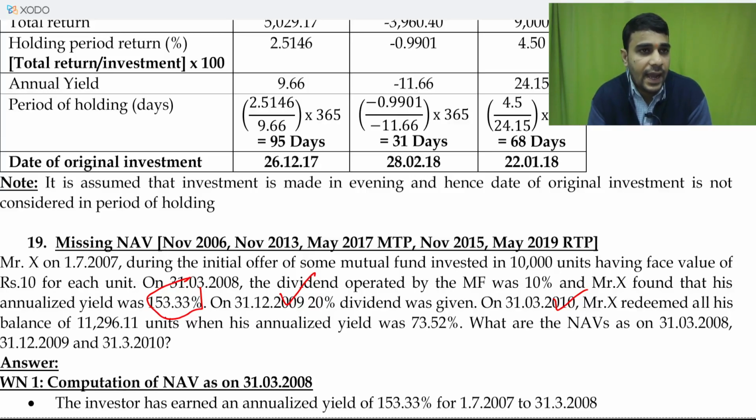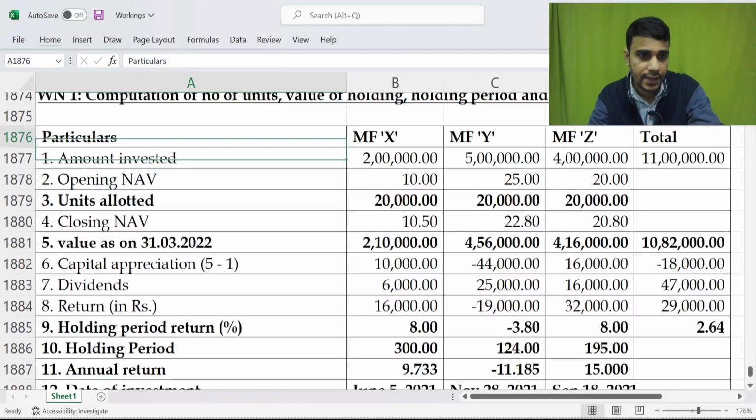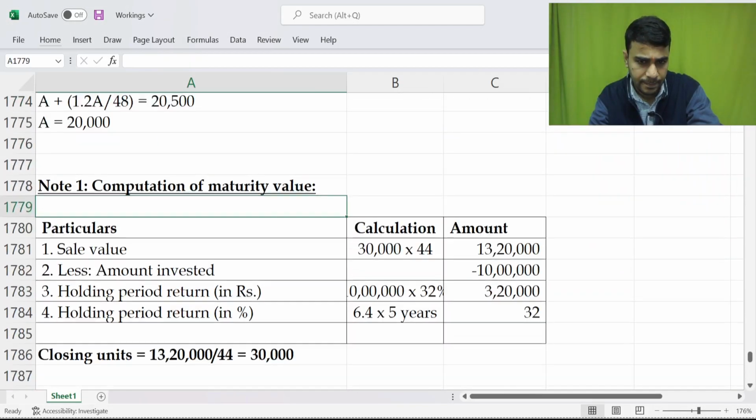They have not given the annual growth or yield. If yield was given, what you say is perfect. What should I do then? You have already done this concept somewhere, so think what can be done. Yeah, reverse work from 11,296.11. Just give me a minute.